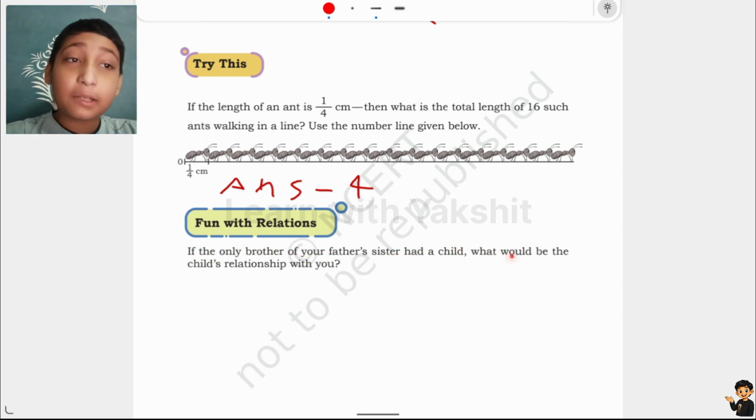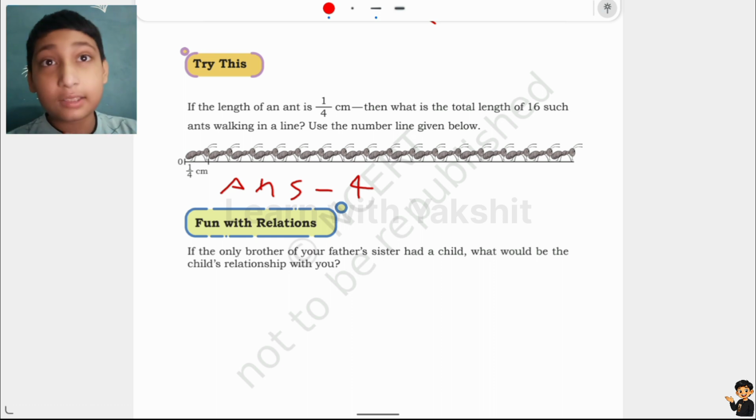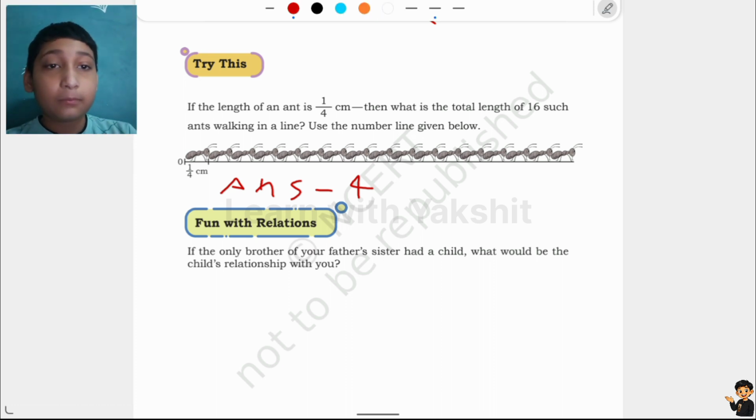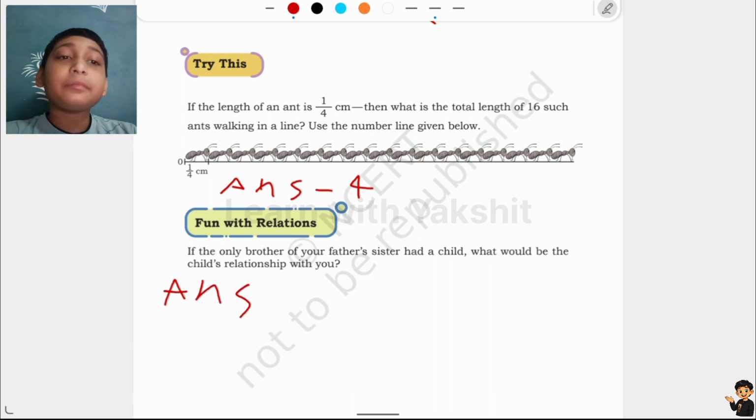If the only brother of your father's sister has a child, what will be the child's relationship with you? Now, this is simple. It doesn't matter if you really have this, but I think most people have. Yes, the answer is cousin.